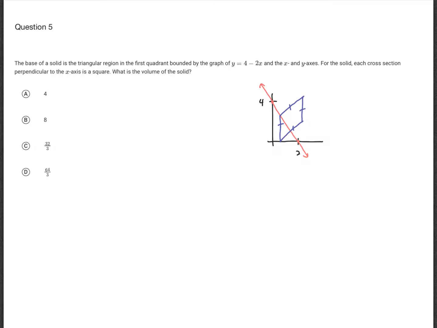So we want to get a function that represents the area of these different squares that are coming up out of the paper, and just to see clearly, these are all squares. These are right angles.